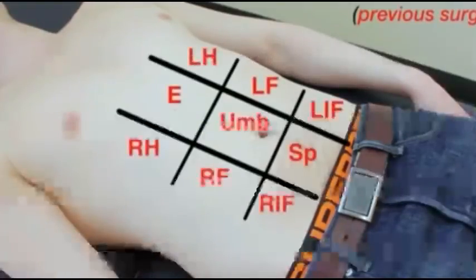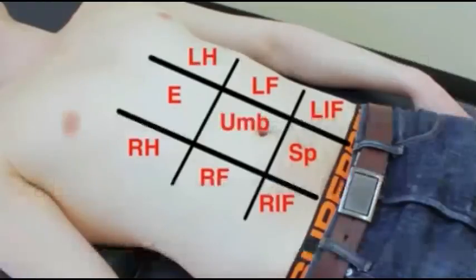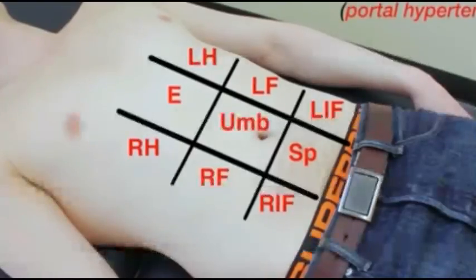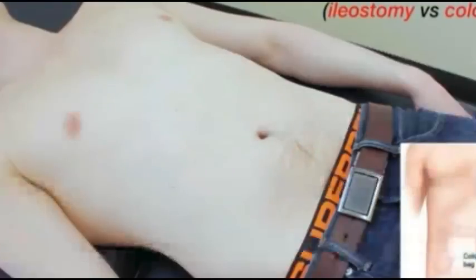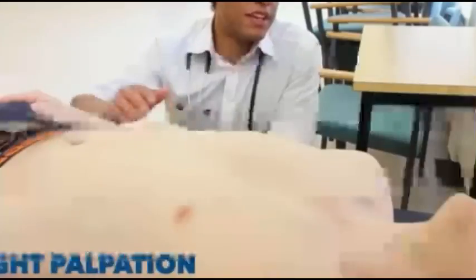I'm just going to have a feel of your tummy if that's alright now, Dan. Have you got any pain anywhere? No. I'm just going to flatten the bed. Are you okay lying down flat? Yep. Okay, I'm just going to have a feel of your tummy now, Dan. Tell me if you're in any pain.